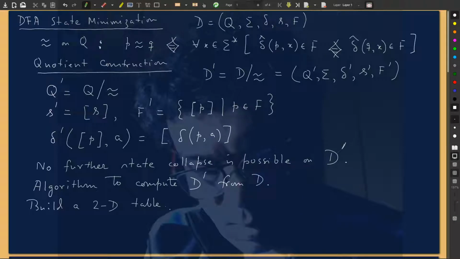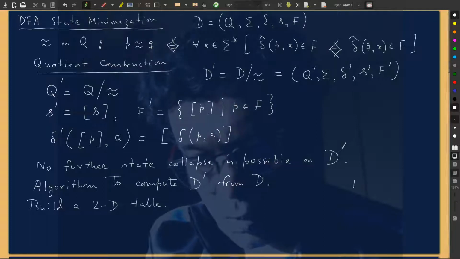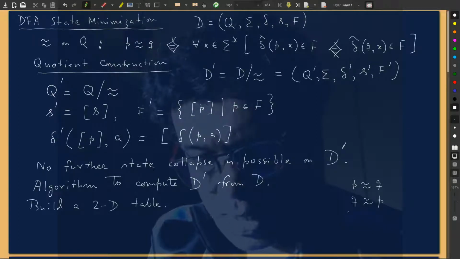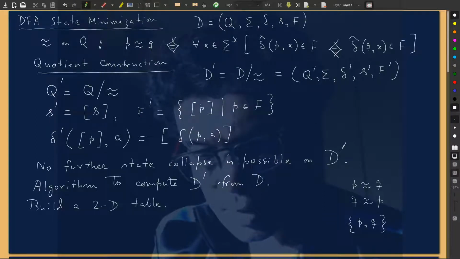So although we say P and Q are equivalent, by symmetry, Q is also equivalent to P. So for each pair P and Q which are equivalent to one another, we'll use this symbol. This is not an ordered pair, this is an unordered pair.